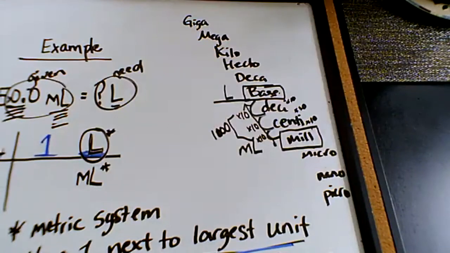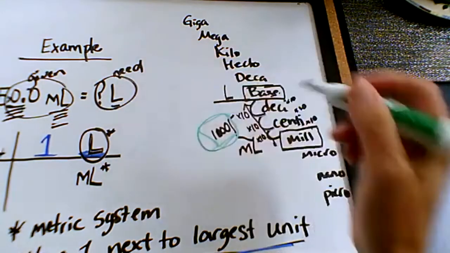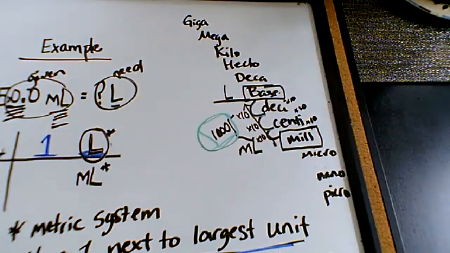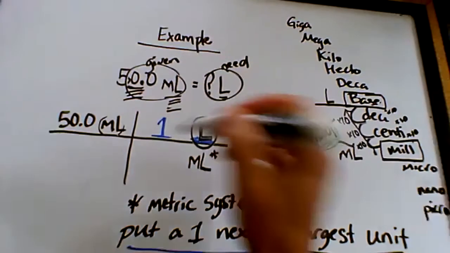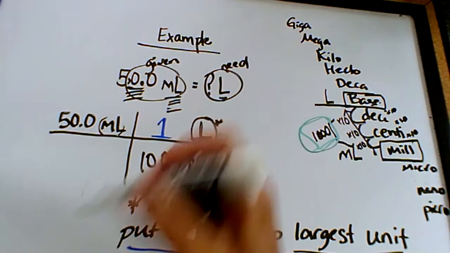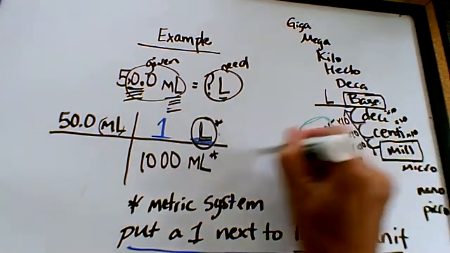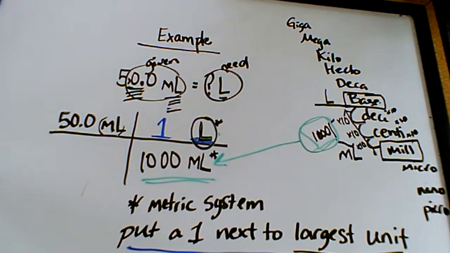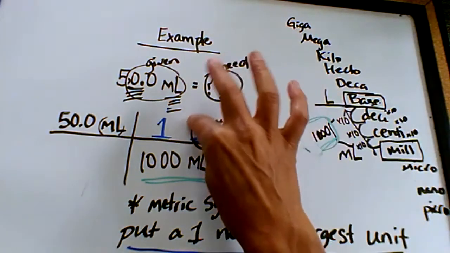So if I were to have 1 liter right here, that would be equivalent to having 1,000 milliliters right here. Okay, 1,000 milliliters right there.